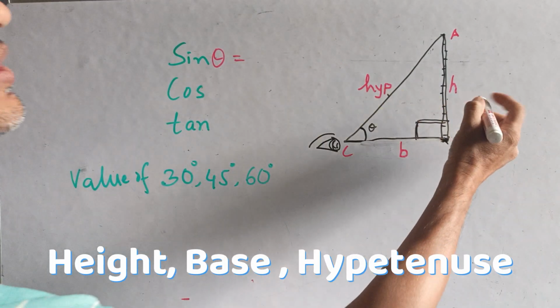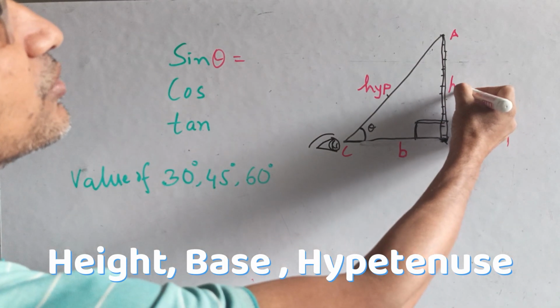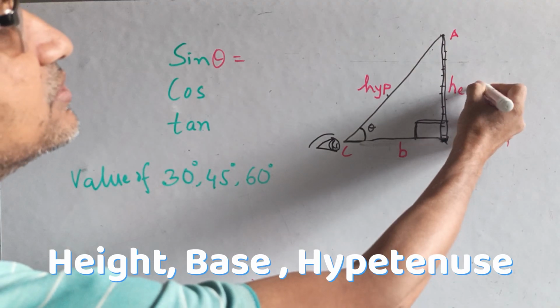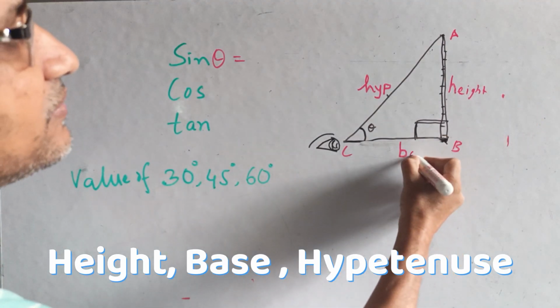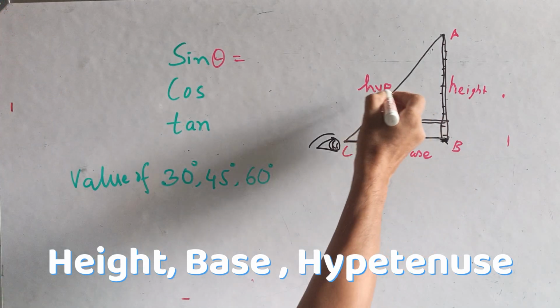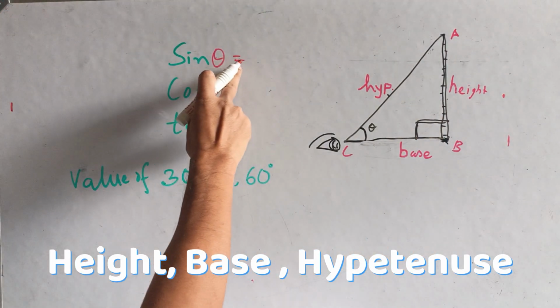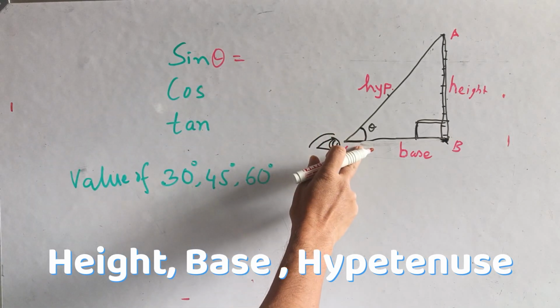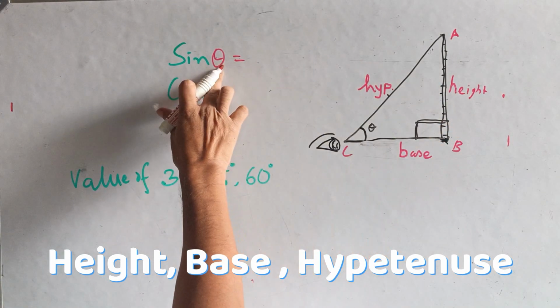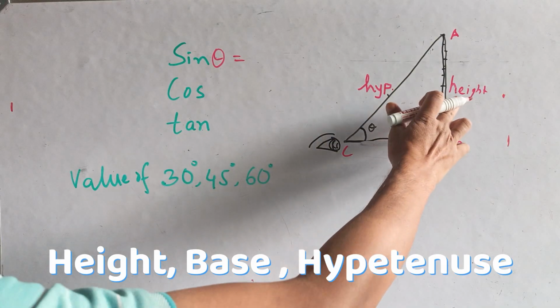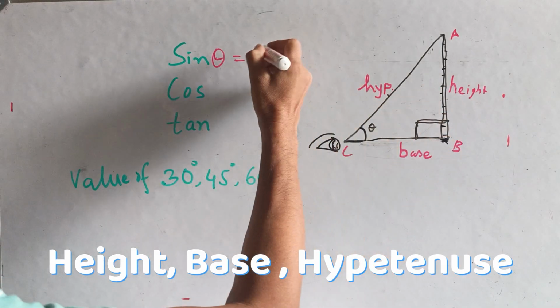This is very important. This is the height, this is the base, and this is the hypotenuse. Now sine theta, in this triangle, if theta is here, means height by hypotenuse.